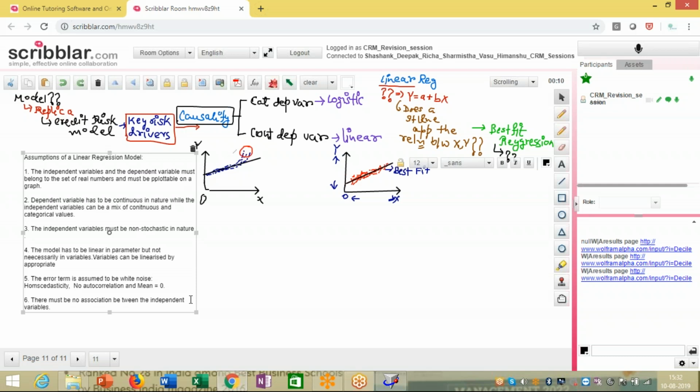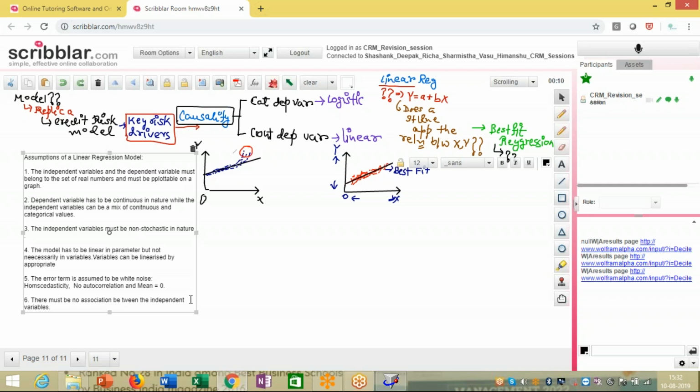So the x's that I am using to predict, if they also have a distribution attached to it, would mean that the prediction that we are doing is absolutely random. So basically what I'm trying to say is that when you're building the model, the data available with you, the variable should be non-stochastic. Now the question that comes out over here is how do you make a variable non-stochastic? So I'll just come to it in the next slide.